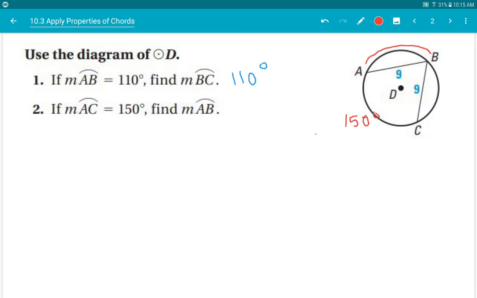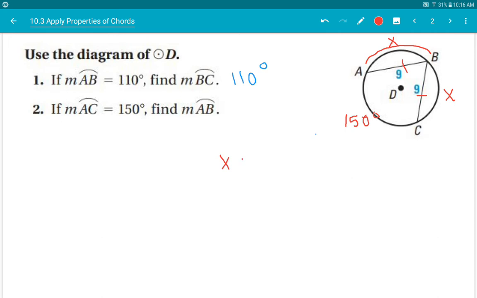So how do we find that? Again, I know that these two chords here are congruent. I don't know the measurement of arc AB, but whatever it is, let's call it x, it's also going to be the same measurement as arc BC. So how can we set up an equation to help us solve this?